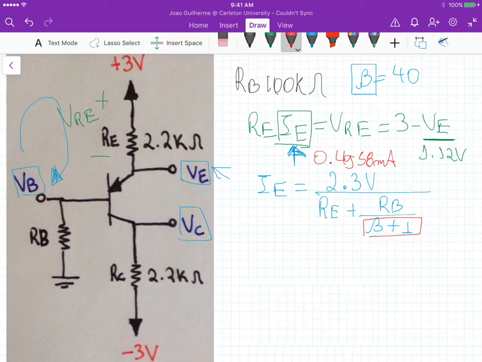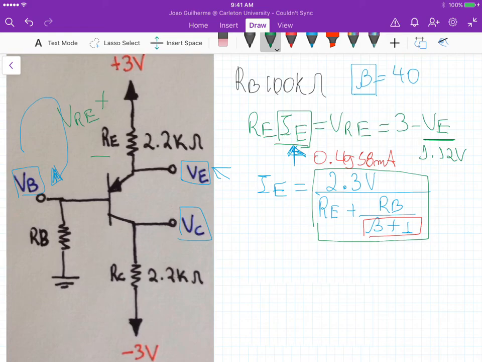So this right hand side here should be equal to that 0.4958, okay? And we can isolate beta plus 1 in this equation, right?